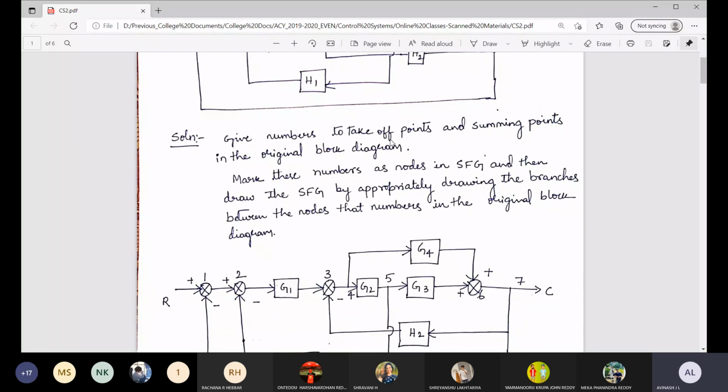Give the numbers to takeoff points and summing points in the original block diagram.